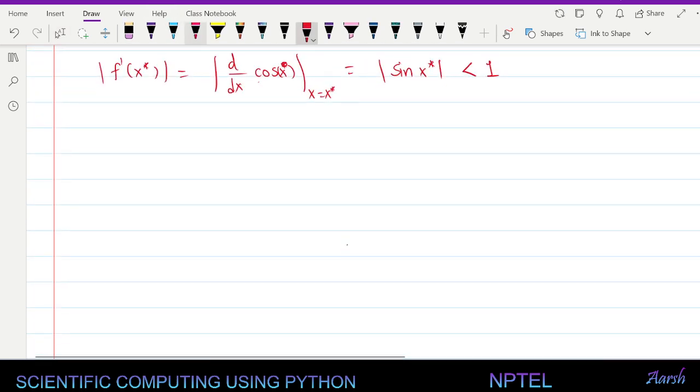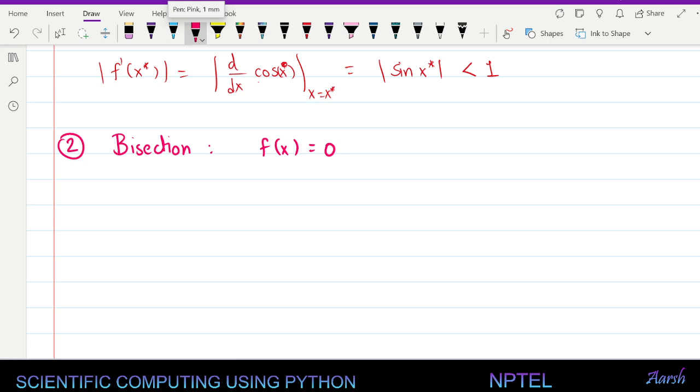And now let's look at the second method, which was the first method that the professor discussed, the bisection method, and that was for finding the actual root of any function, right? And the idea was again divide and rule.